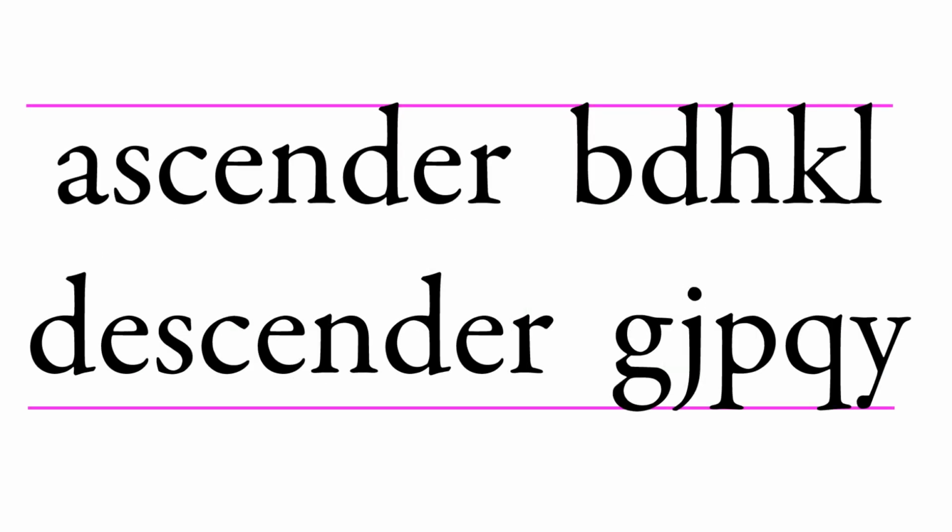Ascenders and descenders, strokes that extend beyond the X height. Ascenders go up, for example, b, d, h, k, l, all lowercase. Descenders go down, lowercase g, j, p, q, y. These create a rhythm and word recognition.